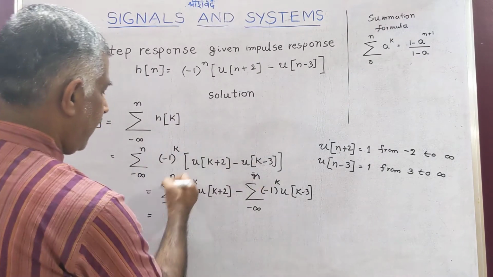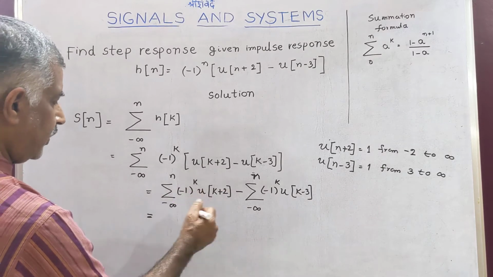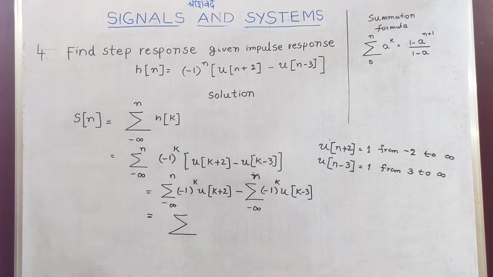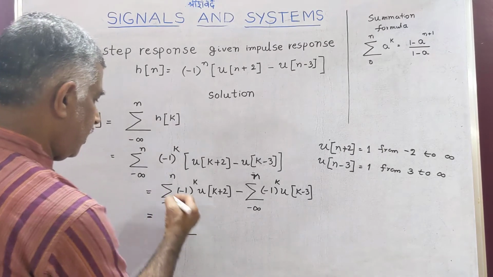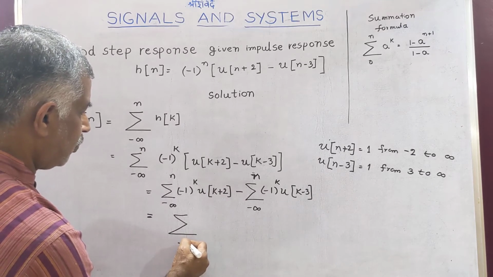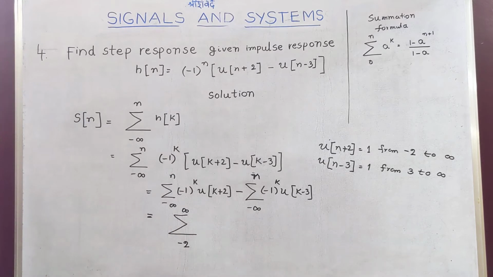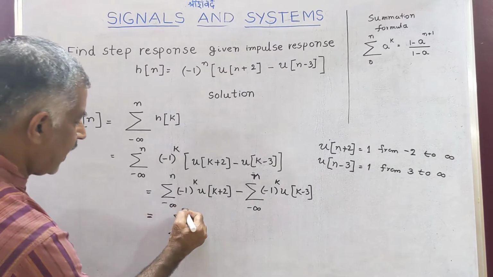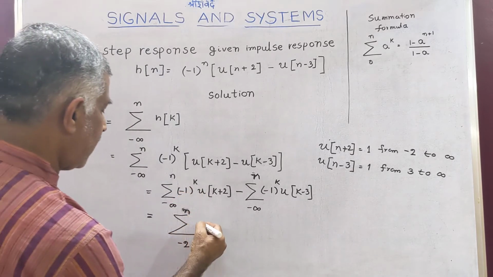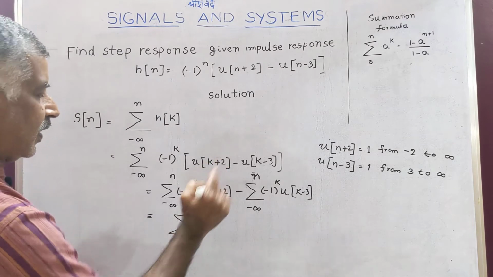Now if you interpret this, u of k plus 2 is from minus 2 to infinity, so the sum runs from minus 2 to n of minus 1 to the power of k, and its value is 1.